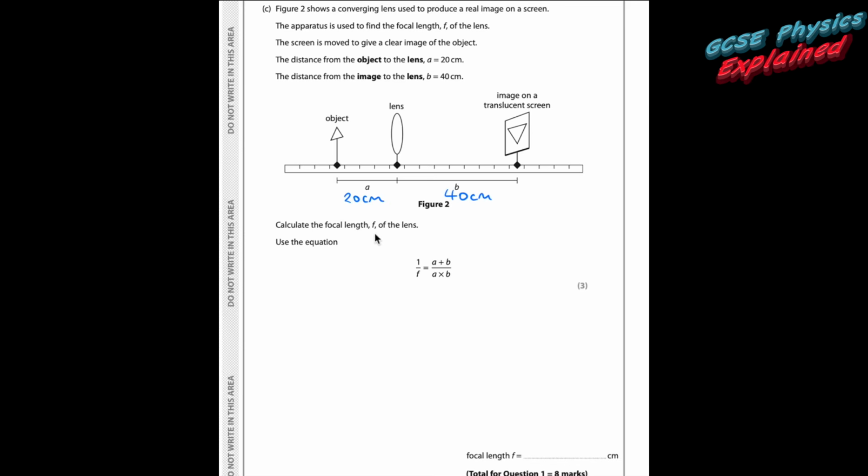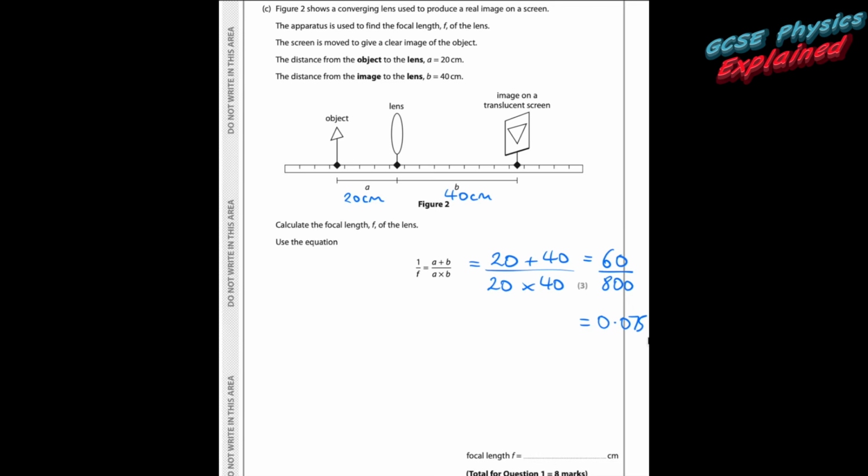Calculate the focal length f of the lens. Use the equation 1 over f equals a plus b divided by a times by b. So we just need to pop the numbers in first of all. So a plus b will be 20 plus 40, and we need to divide that by 20 times by 40. So that equals 60 divided by 800, and that equals 0.075.